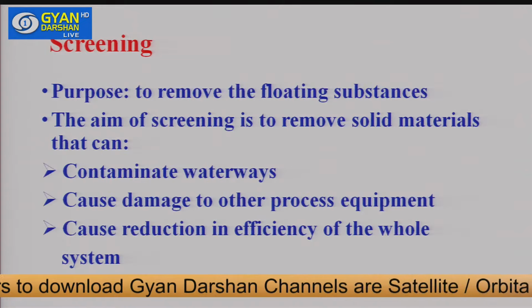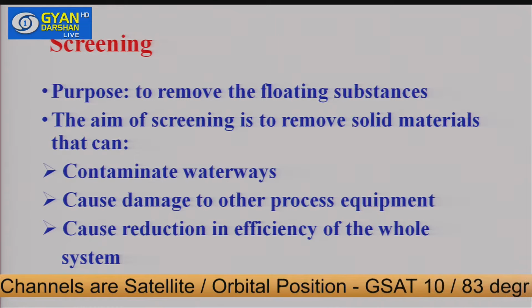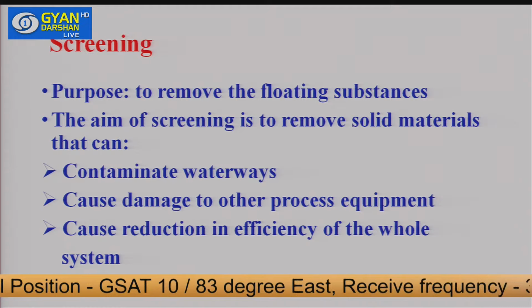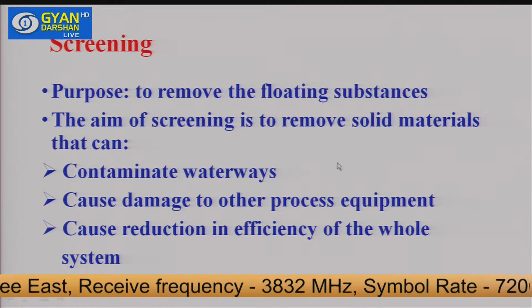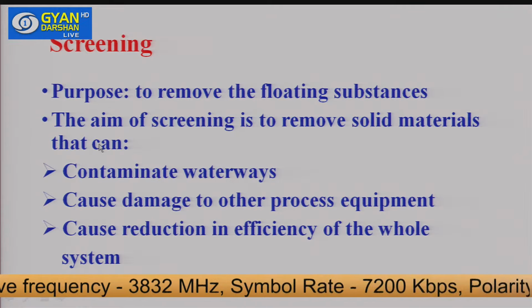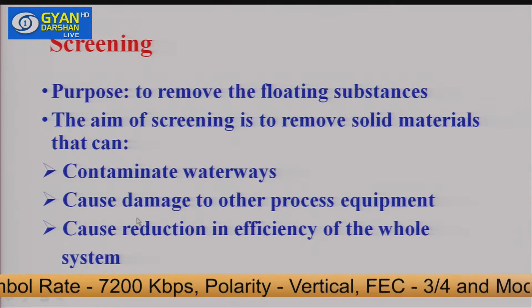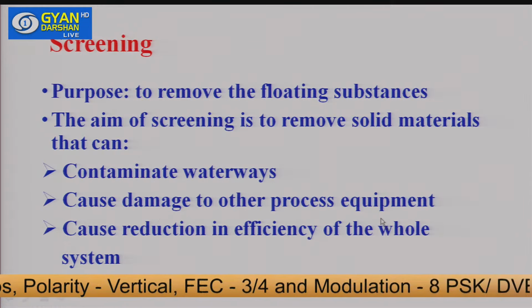Now let us see the different units. First in the process is the screening process. As I told you, the purpose is to remove floating substances or floating objects. The aim of screening is to remove solid materials. Why? Because if solid material is present in the water, it can contaminate waterways, it can damage other process equipment like our pumps, and it can also reduce the efficiency of the whole system, meaning the treatment system.